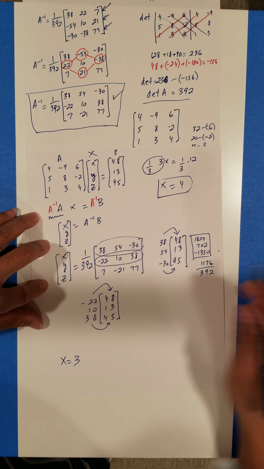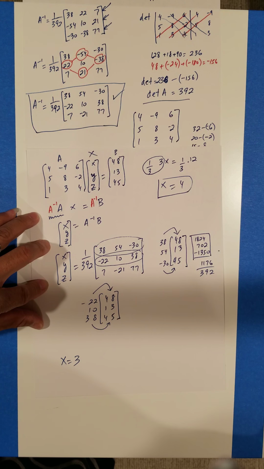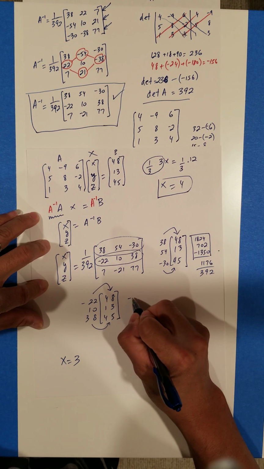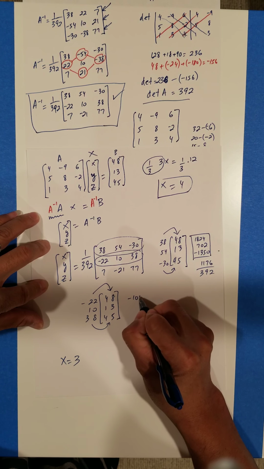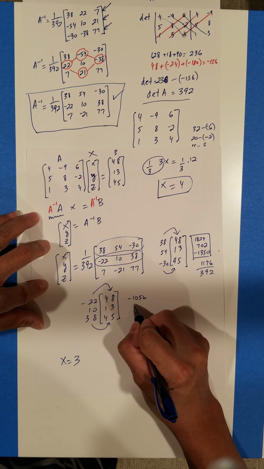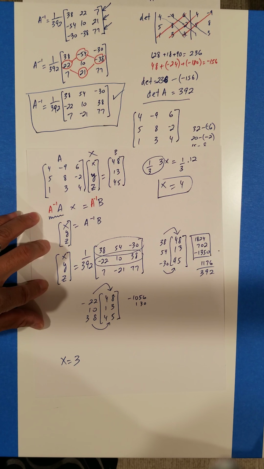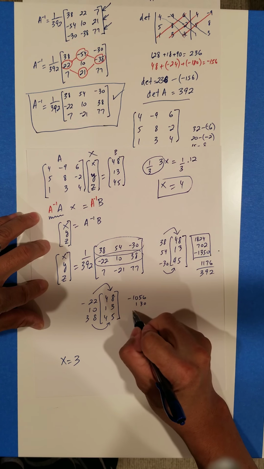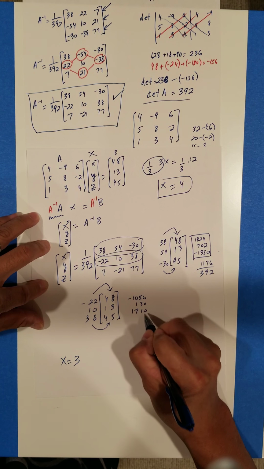I'm going to get negative 1,056, 130, and then 38 times 45, 1,710.